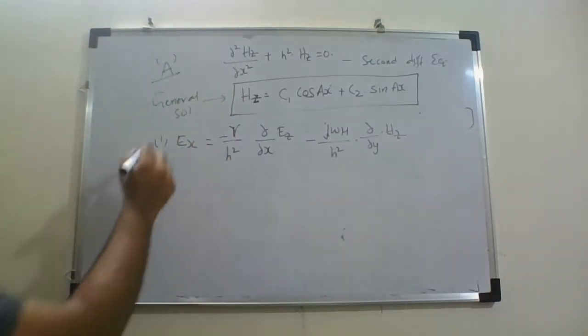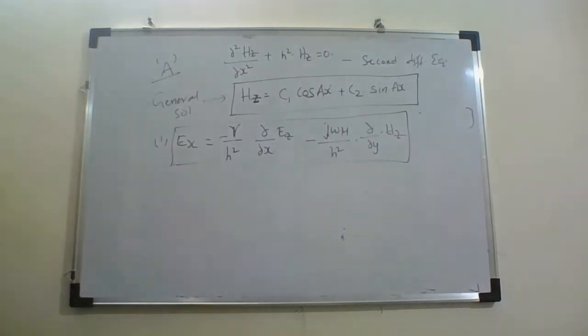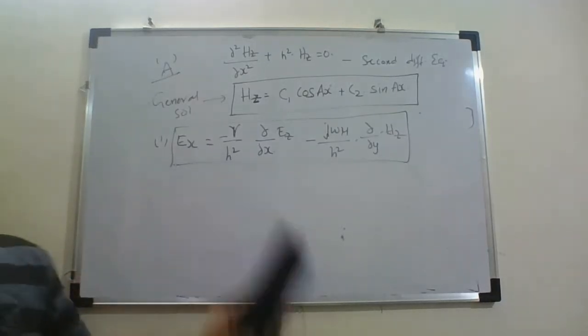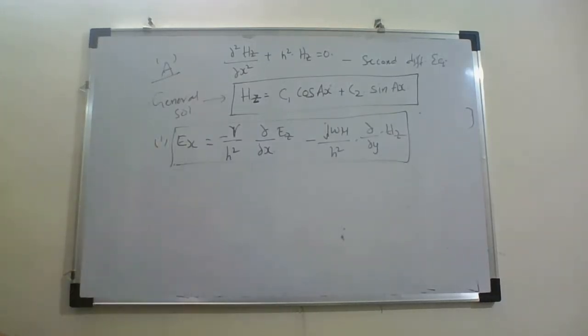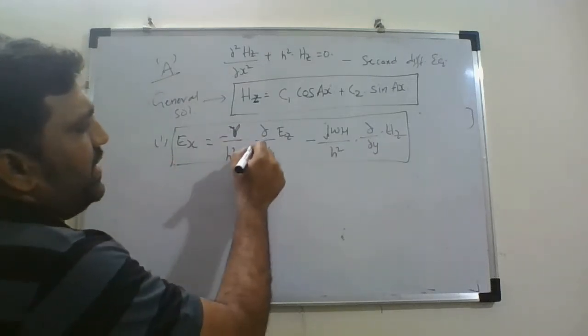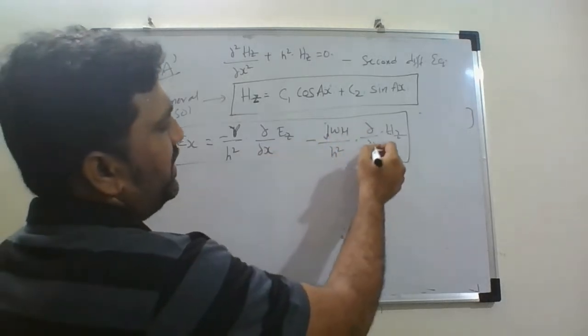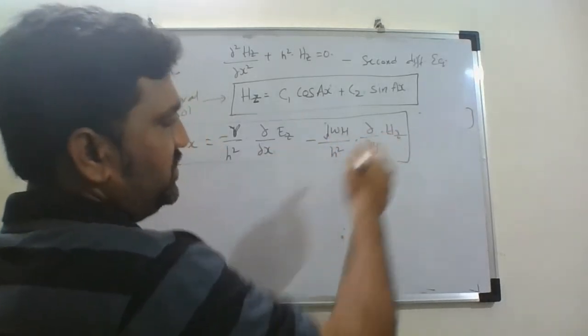You can verify this expression with the previous one we derived. It is derived in the general solution, so it is nothing new. Ex is equal to minus γ/h² ∂Ez/∂x minus jωμ/h² ∂Hz/∂y.